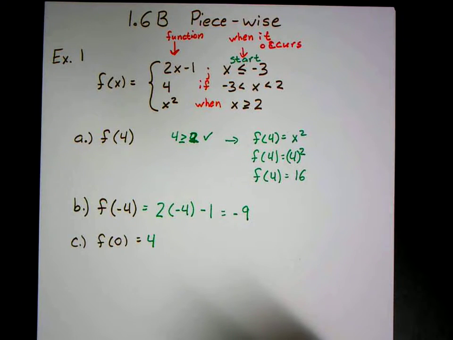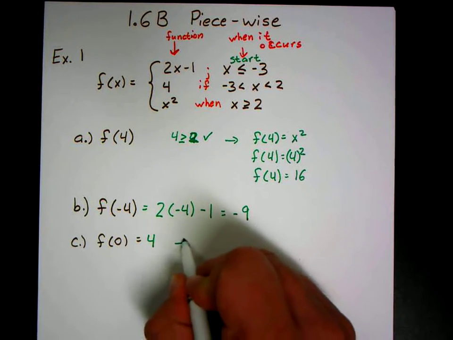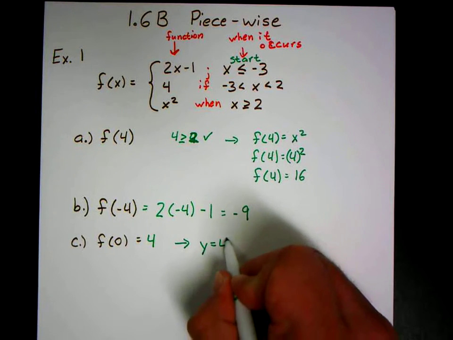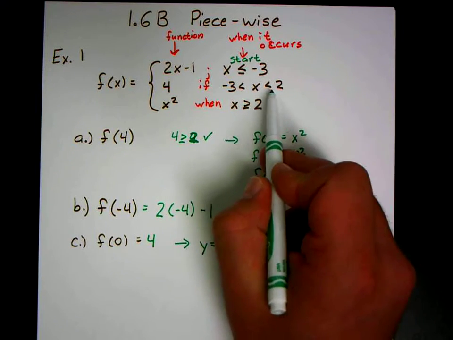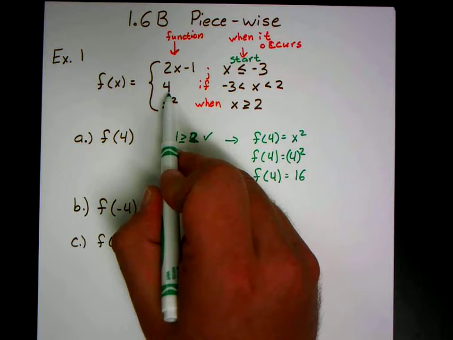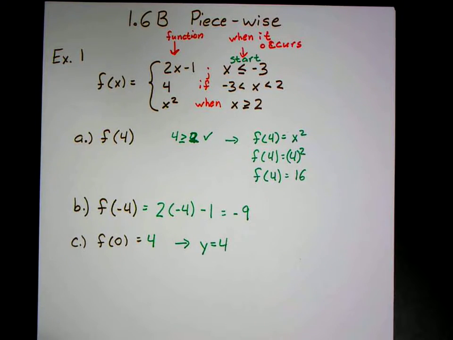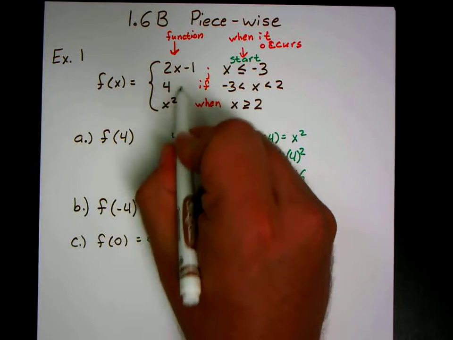So you don't have to do any work for that. That usually confuses people a little bit. But for that section, it's just y equals 4. For any number in here, it equals 4. Because that's just what it says. Just because there's no x there.